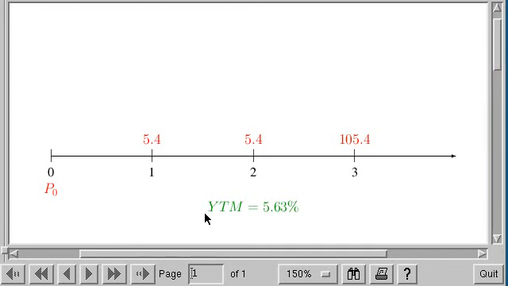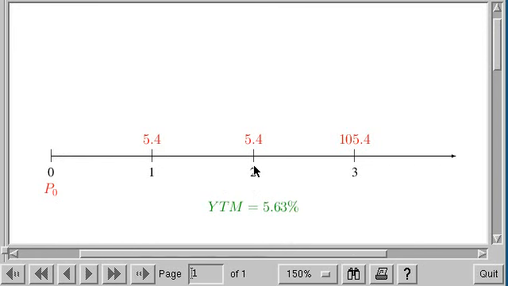So what do we have here? In time 0, we're looking for the price of the bond. This price in time 0 with the index on 0. Okay, and then we have 1, 2, 3 years remaining. At the end of year 1, you have the next coupon, 5.4% over 100 face value is 5.4.